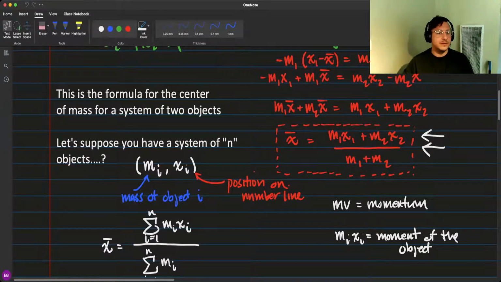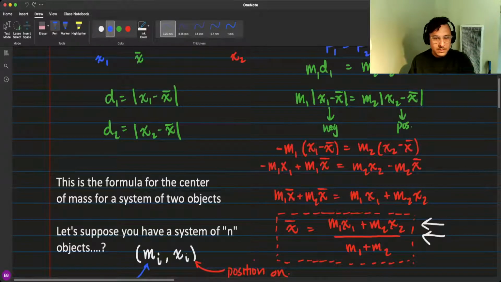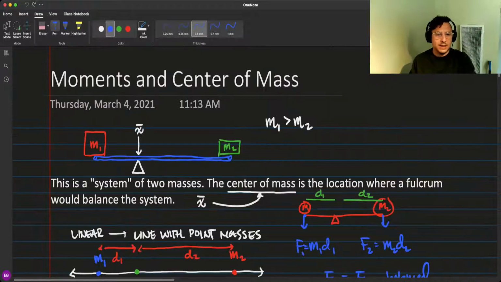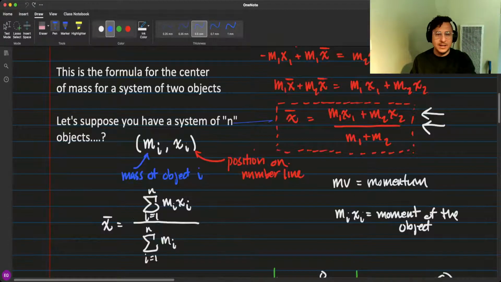I'm having technical difficulties. I can draw with my mouse, but it's not letting me. Something is going weird.